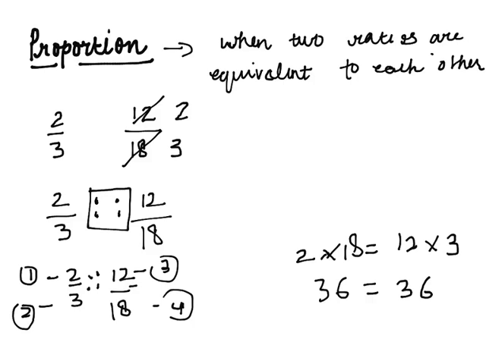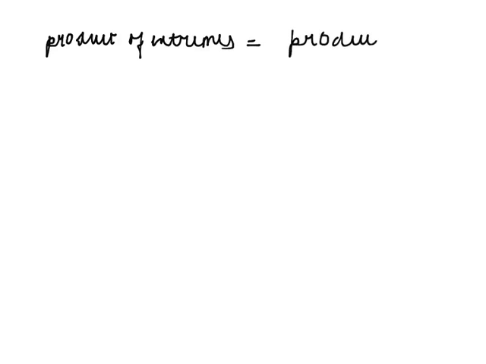And in another, vice versa form, if the given ratios are in proportion, then we can say the product of the first and fourth terms, that we call extremes, will be equal to the product of the second and third, that we call means.